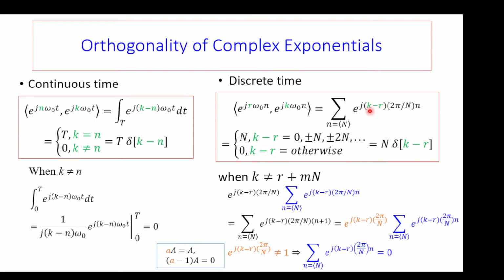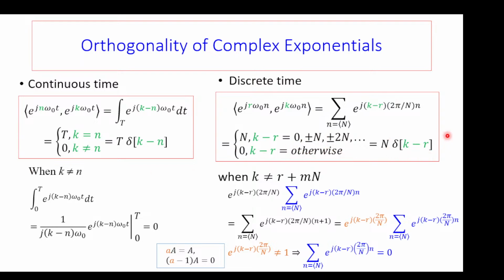So we have e to the j(k minus r) omega n, and then we sum over n over one period. And just as we said, this is big N when k minus r is a multiple of big N, and it's 0 when k minus r is anything else.